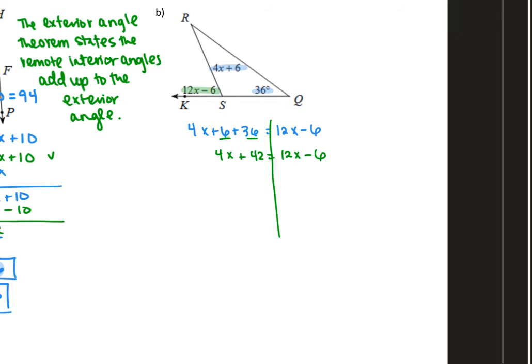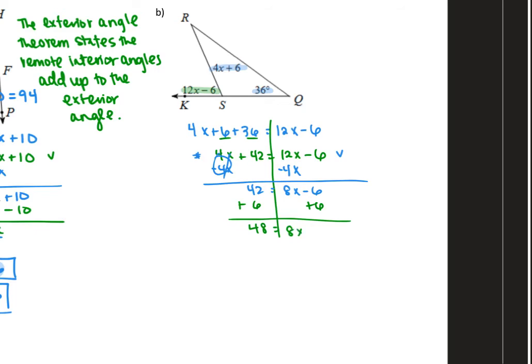I'm going to put my variables on the right, my numbers on the left. So I'm going to subtract 4x. So 42 equals 8x minus 6. Add 6 to both sides. 48 equals 8x, and then divide both sides by 8. So we get x equals 6.